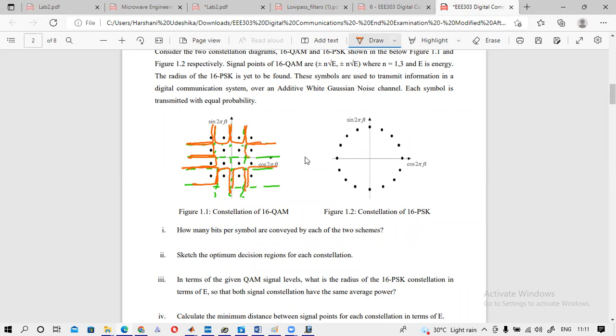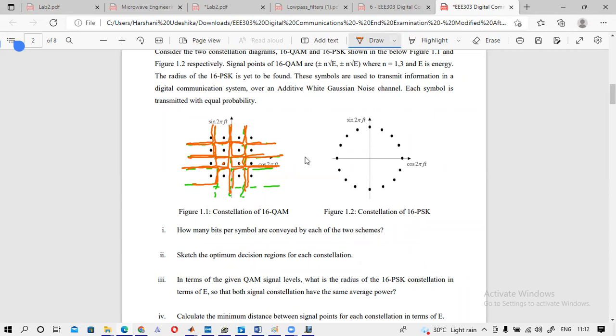So it is like this. This one will be the decision region, and this one, and this one, and this. So you can see that every point has a decision region.